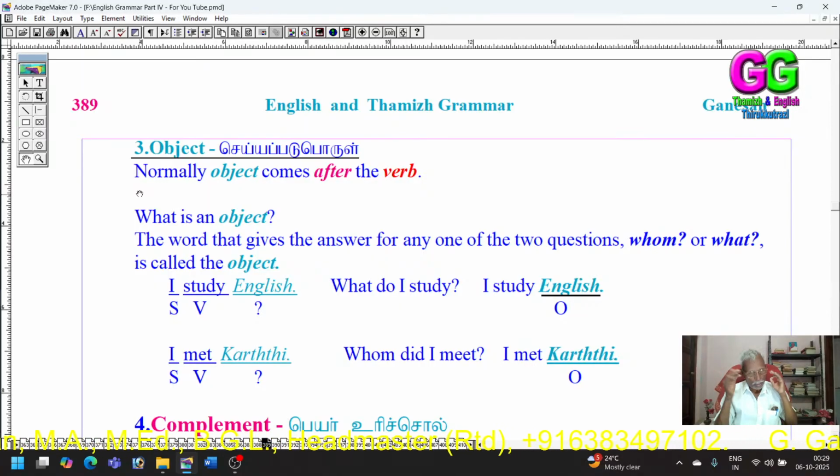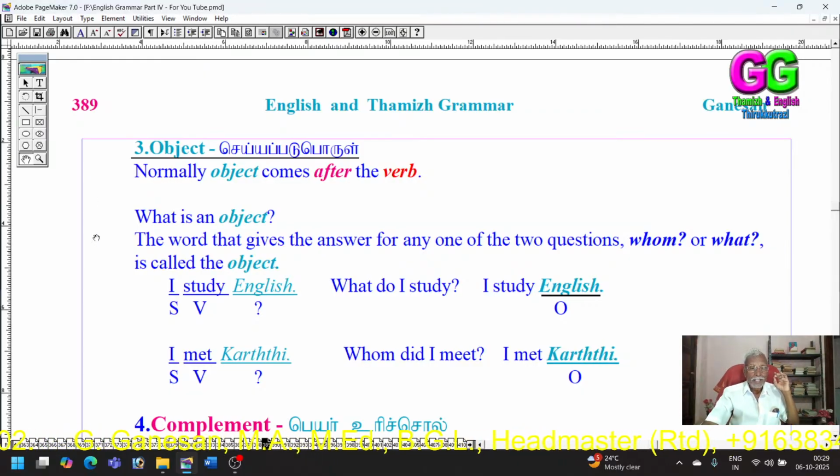You see, the word or a phrase that gives the answer to any one of the two questions, whom or what, is the object.